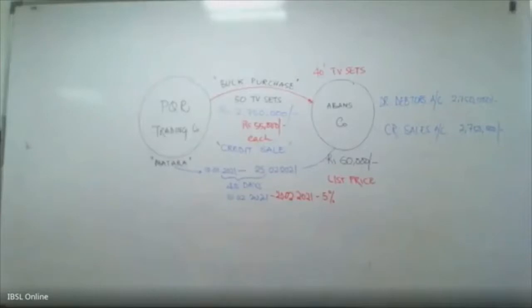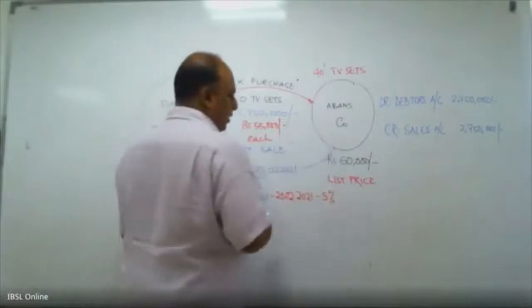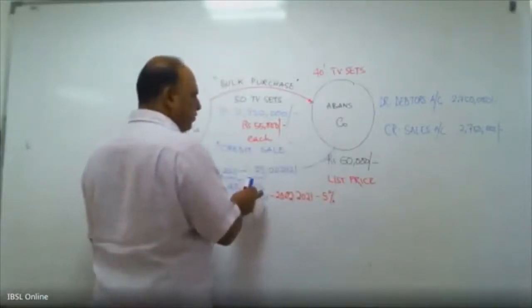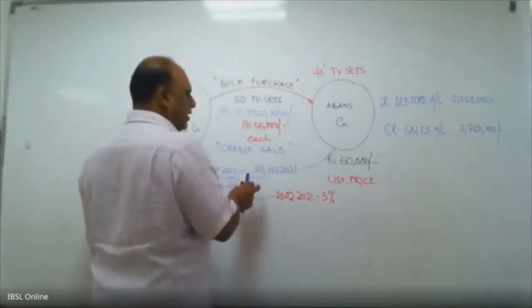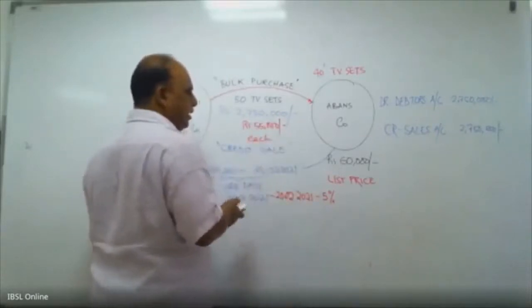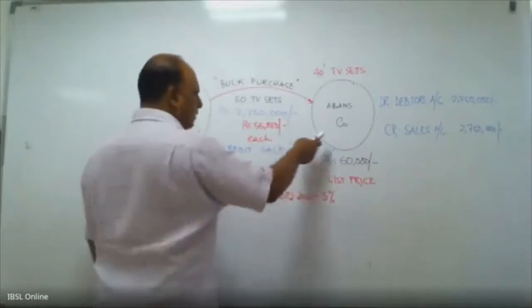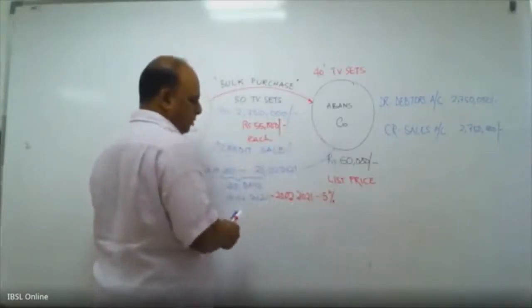Now, why this is happening is sometimes Abans Company might require cash. Even when you give a 45 days credit period, sometimes companies will fall into cash requirements or cash difficulties. That we call liquidity problems.